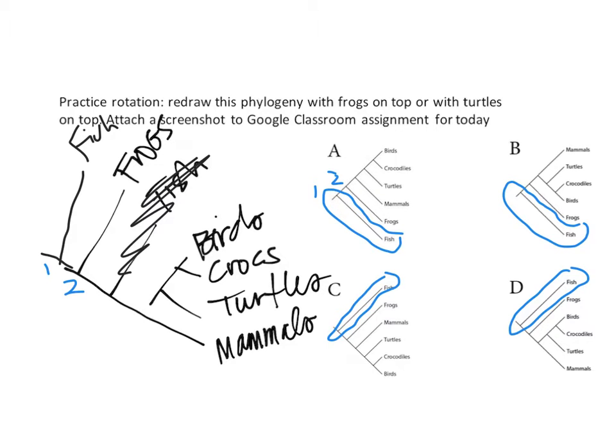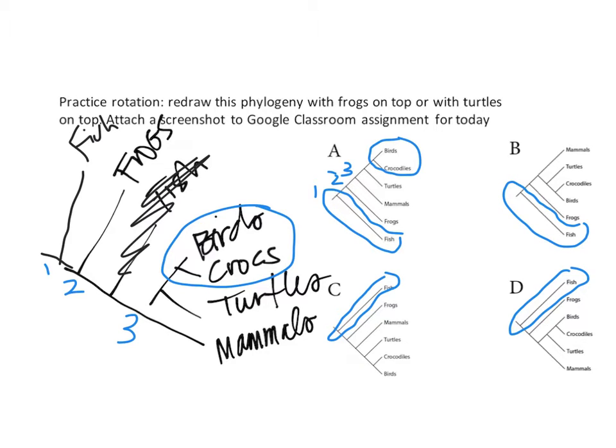The common ancestor of mammals, birds, crocodiles, and turtles. Birds and crocodiles share the most recent common ancestor. To me, it looks very similar to D. Now it is. So by moving fish, I've made this submission turn into tree D. Well spotted.